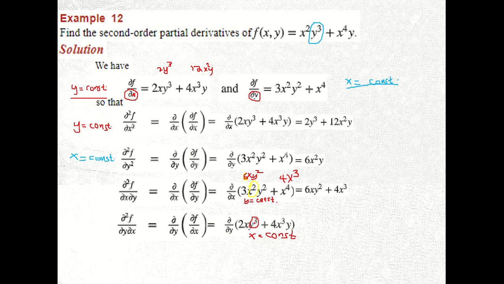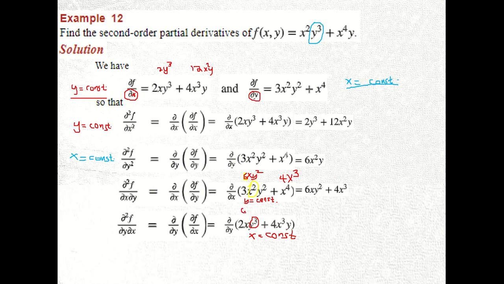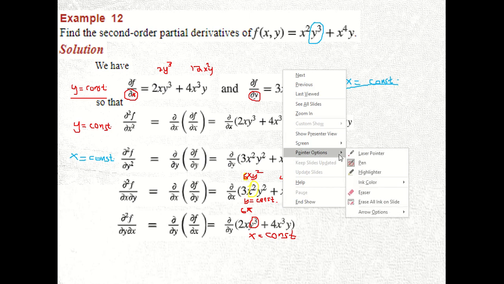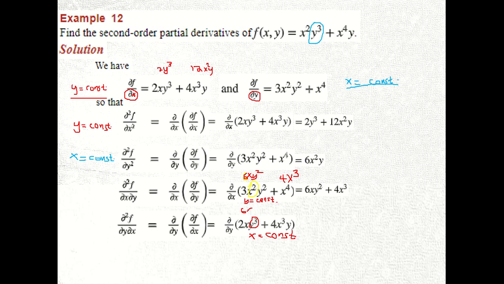Using the power rule, the derivative of y cube is 3 y squared. 3 times 2, that becomes 6. So this should be 6, then x, then y squared.